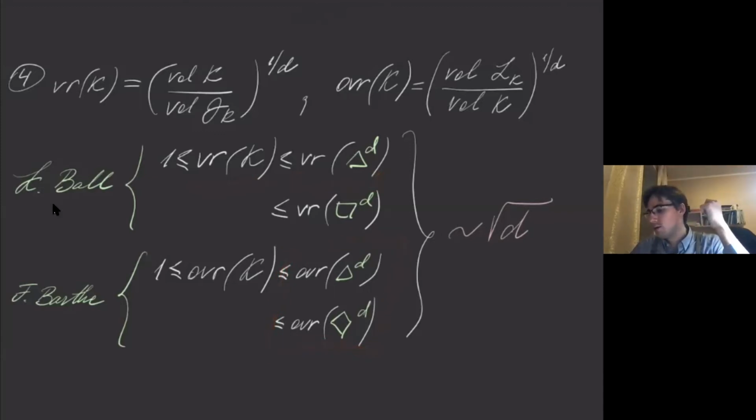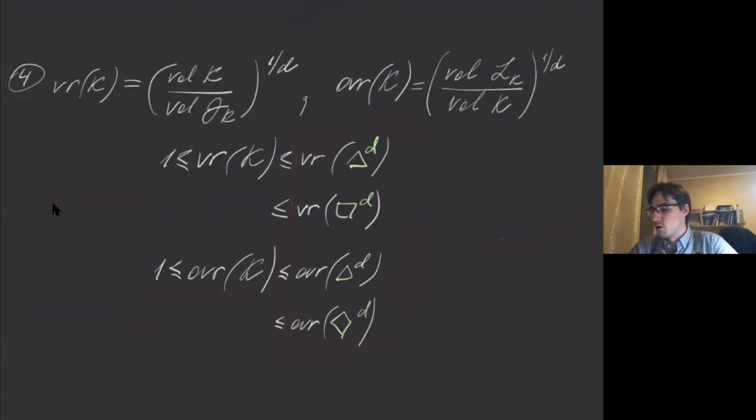They say just the same in the case of an arbitrary body K, and the outer volume ratio in the case of a symmetric body K is bounded from above by the outer volume ratio of the standard d-dimensional simplex. Up to the order of magnitude, these quantities are all square root of d, where d is the dimension.